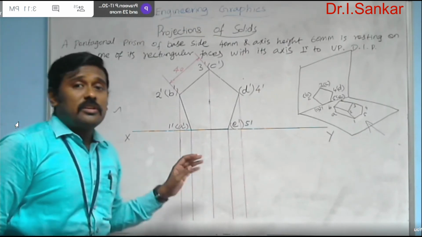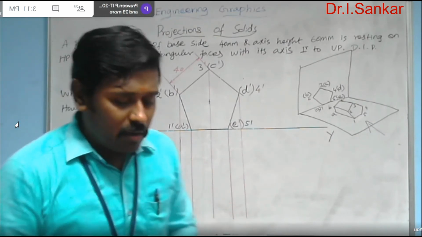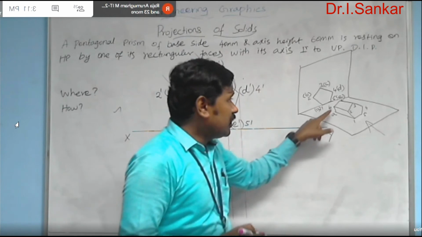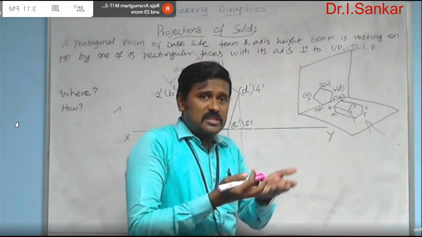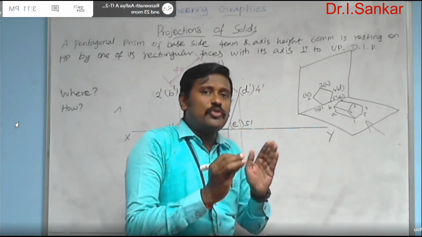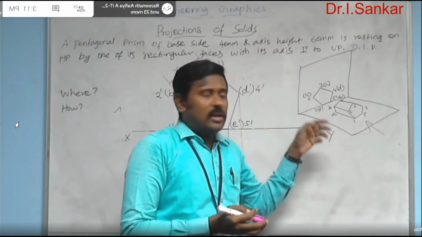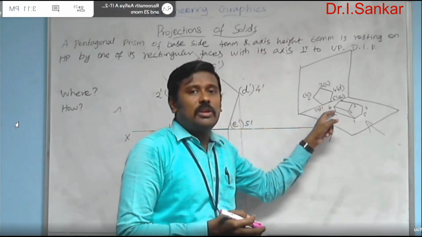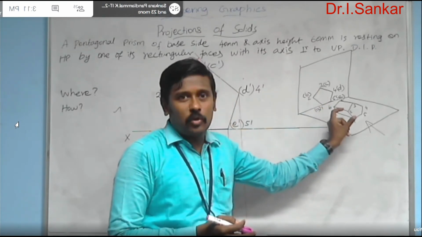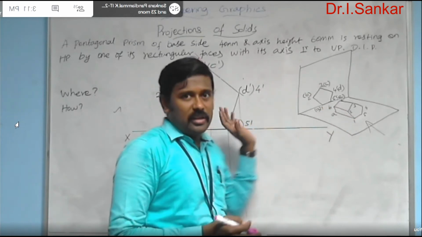Now, here actually the solid is not resting on VP. It is resting on HP and it has no physical touch with the VP screen. Some distance you have to maintain between the solid's lateral view and the XY line here.